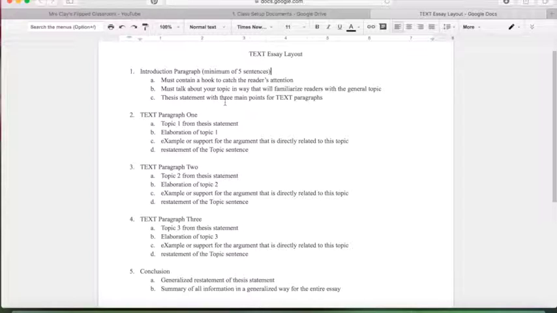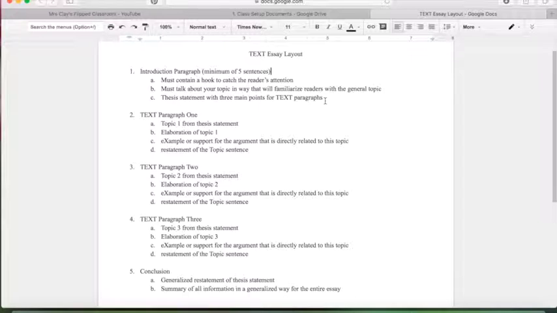Now, for a 5-paragraph essay, you just need your 3 main points. For a research paper, it's going to be more general. Your thesis statement is going to be about a specific topic, but you're not going to list the things that you do in it. For this purpose, if we're talking about dogs, chickens, and cows, we're going to say dogs, chickens, and cows are the best animals because, and we're going to go on there.